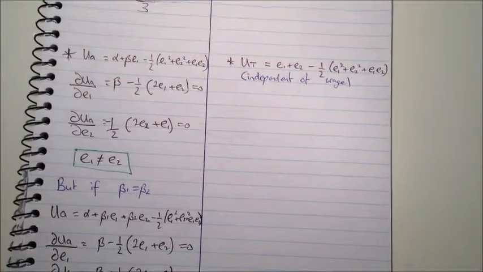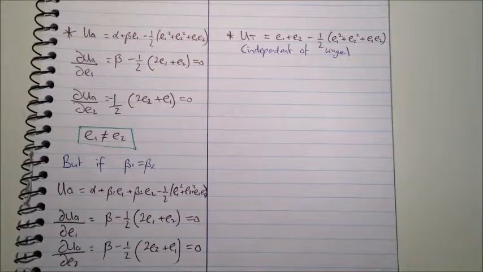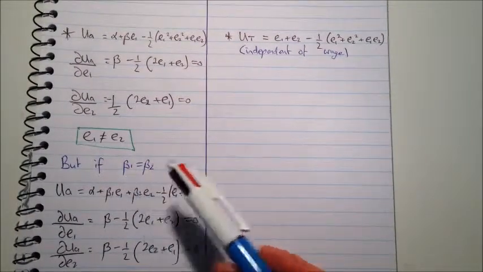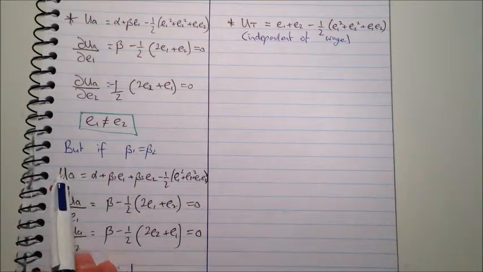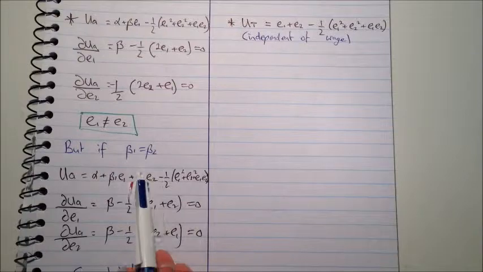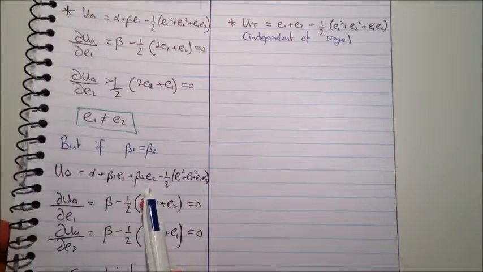If, however, the principal was able to reward the agent for the amount of effort he put into task 2, for example introducing a beta 2 that is equal to beta 1, then the utility function of the agent would be something like this, where he receives a reward for the effort put into task 2.